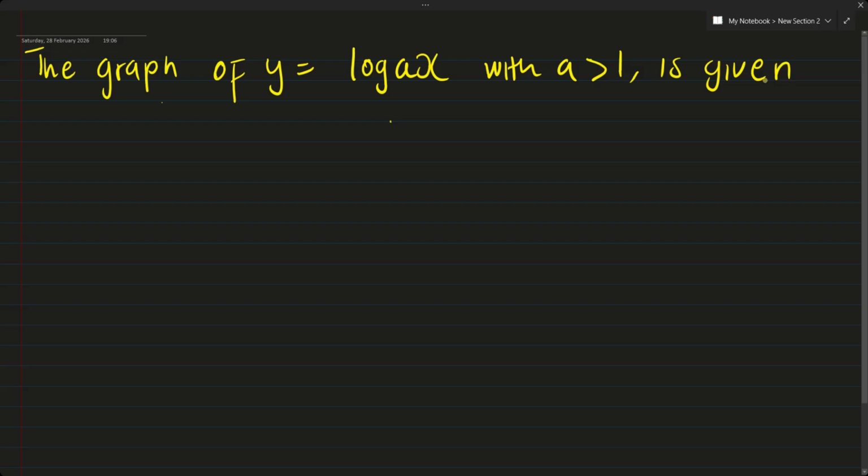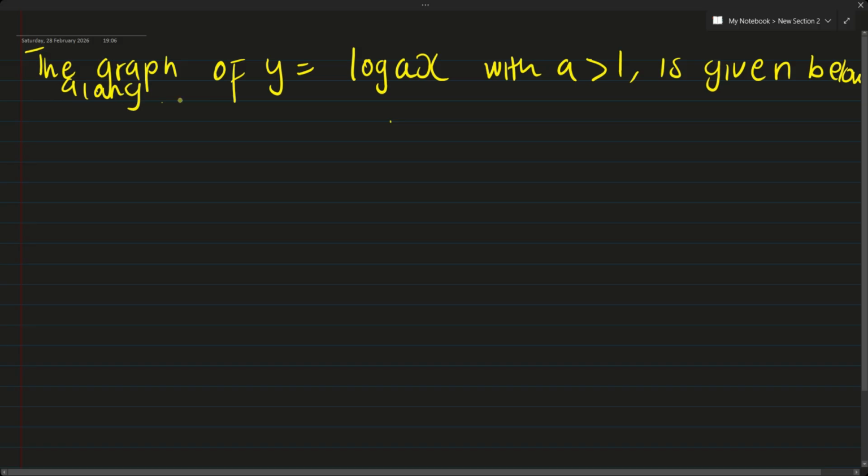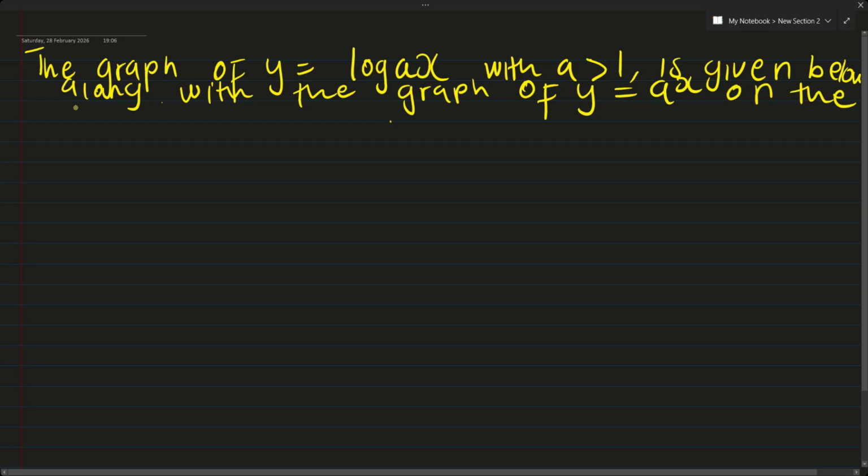The thing is given along with the graph of y equals a to the power of x on the same set of x's.